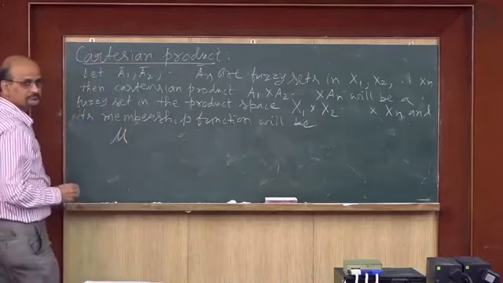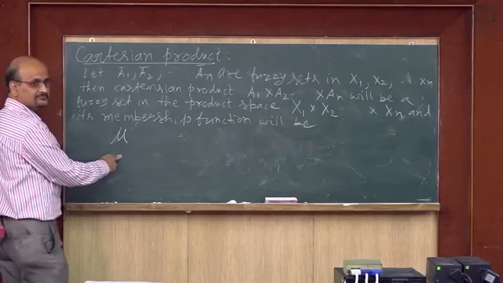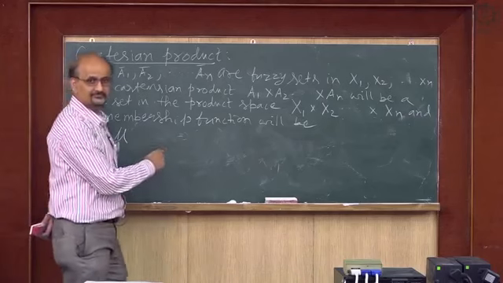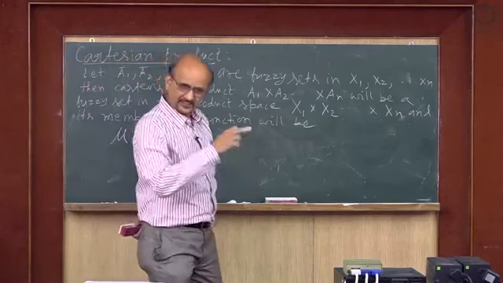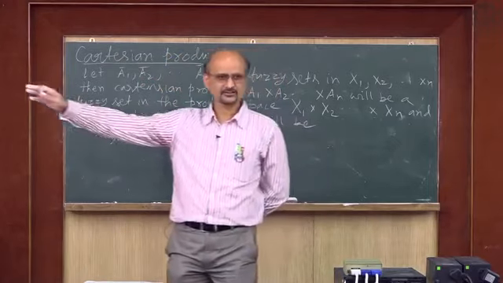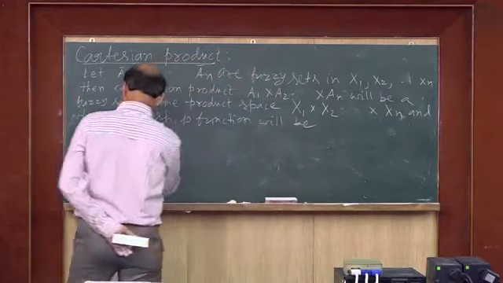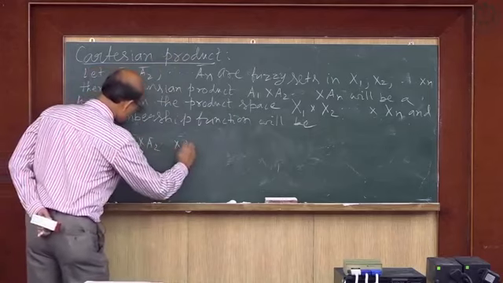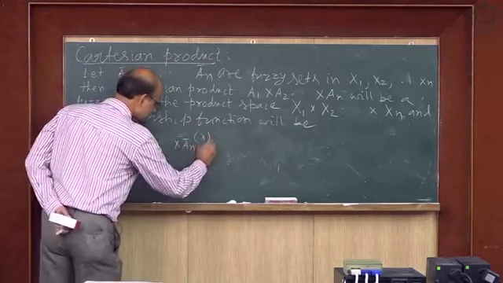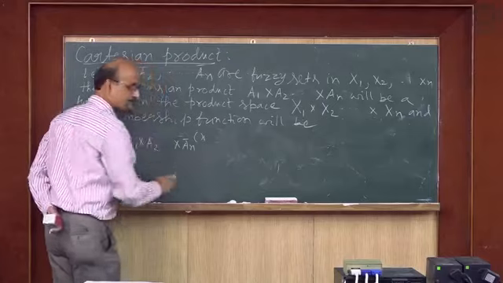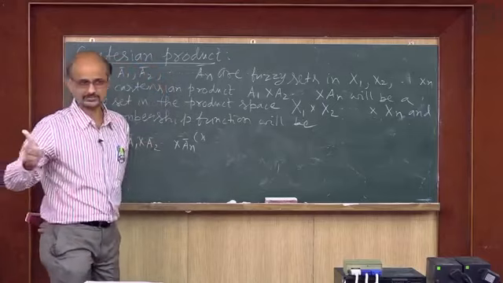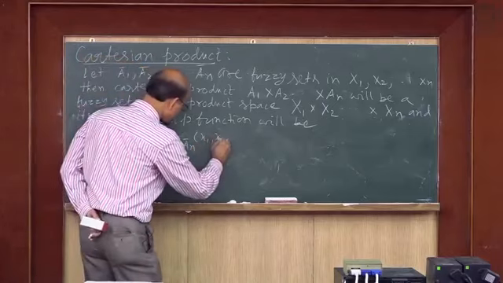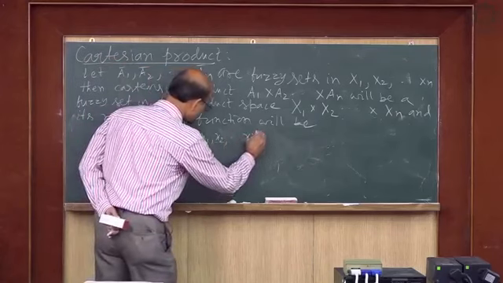Mu of a1 bar cross a2 bar cross dot dot cross an bar of x, where x is your x1, x2, xn. So I should write x1, x2, xn.